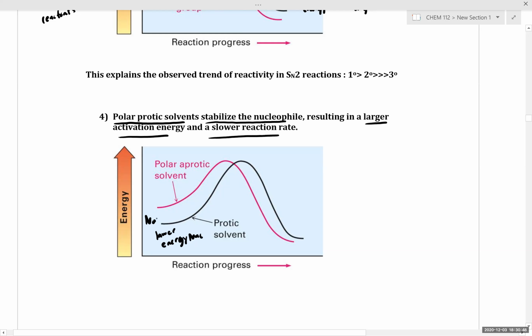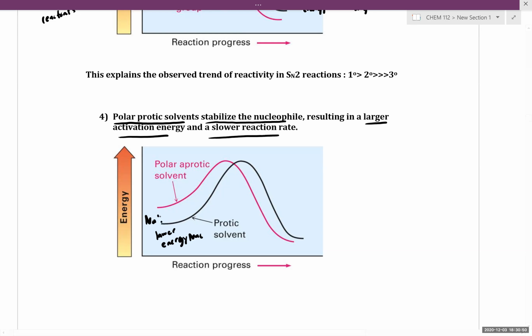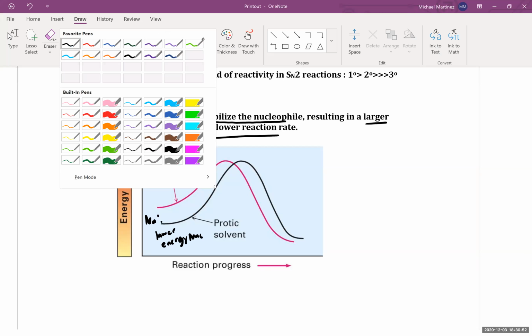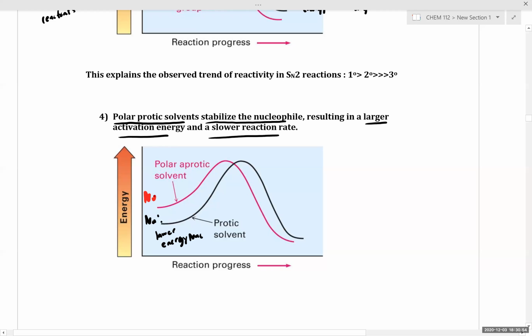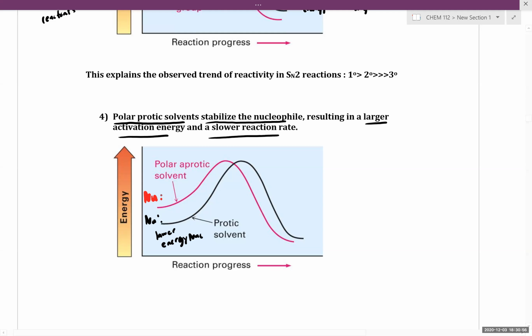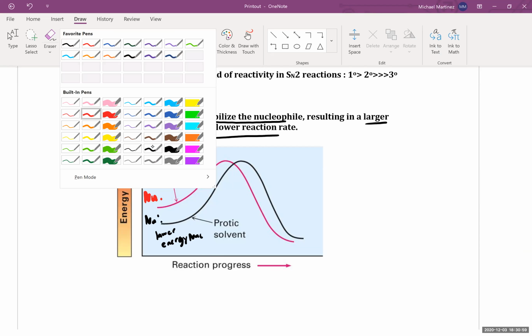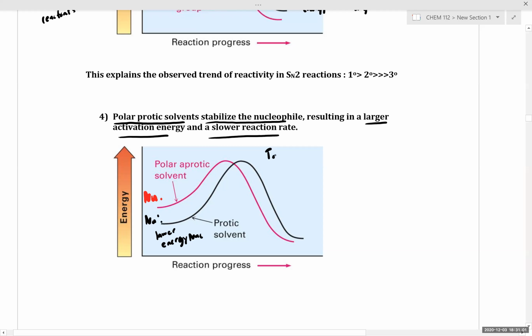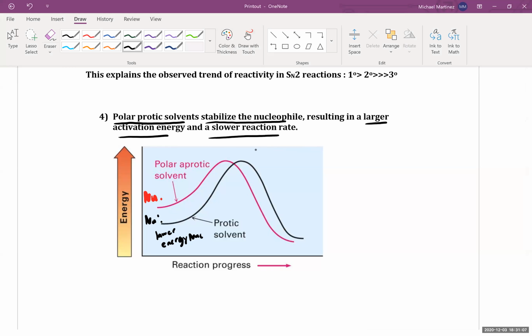However, if we have the same nucleophile for both of these pathways, because we're going through the same nucleophile, the transition state is roughly identical for both of these reaction pathways.